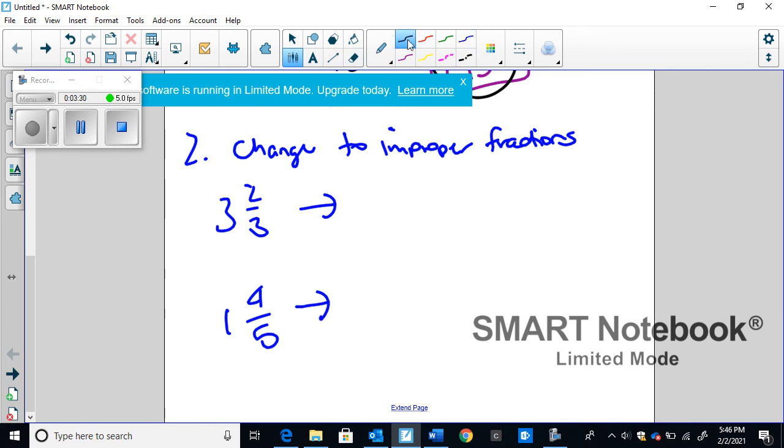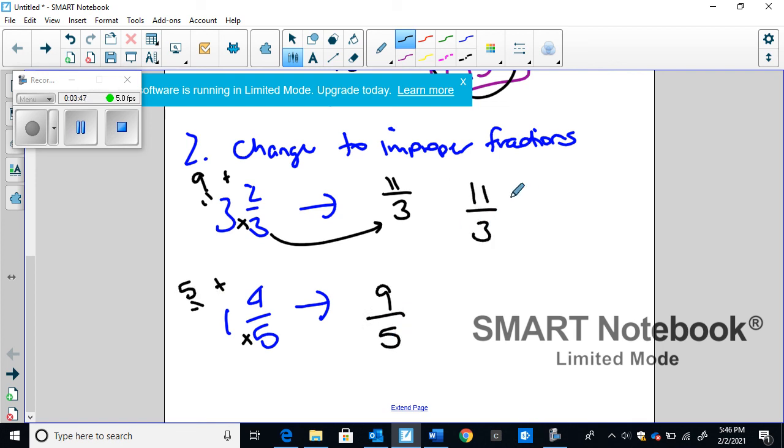And we're going to convert them both to improper fractions. So we multiply 3 times 3, which is 9, and then we add the top, so that gives us 11. Denominator, bottom number stays the same. 5 times 1 is 5, and 5 plus 4 is 9. Denominator stays the same. So now what we actually end up getting is 11 over 3 plus 9 over 5.